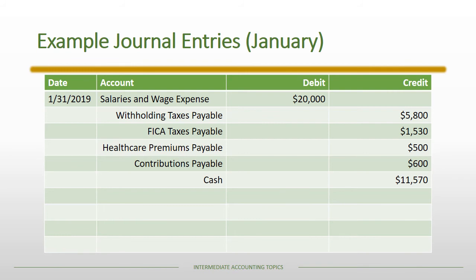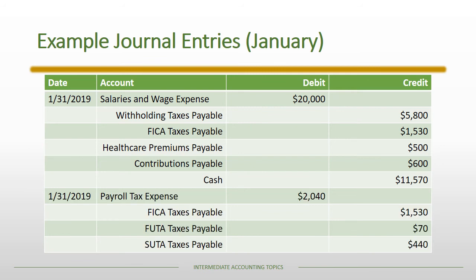And so we can see that their $20,000 salary and wage expense is partitioned out into all these payables. The withholding taxes, which would be federal and state government, federal income taxes, and they have FICA, healthcare premiums, contributions, and then finally whatever's left over to actually write a check to the employee. In addition to the employee-related journal entry, there's an employer-related journal entry.